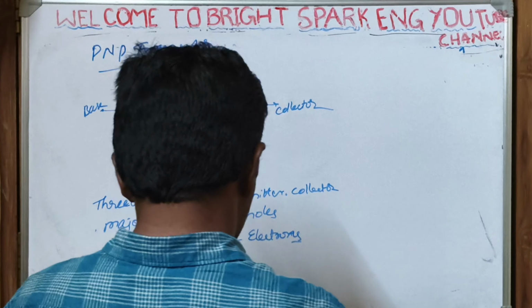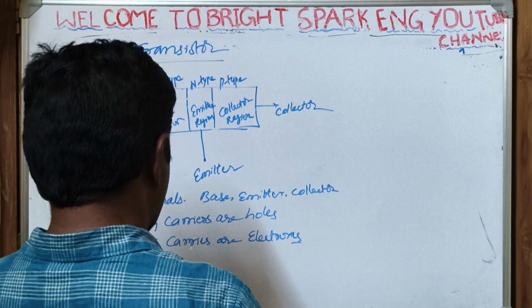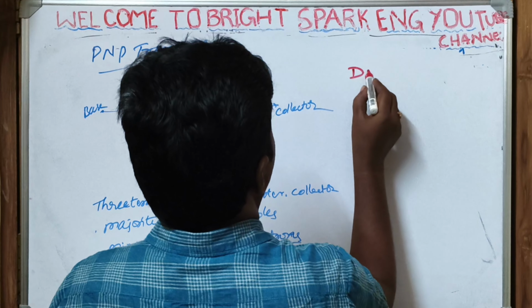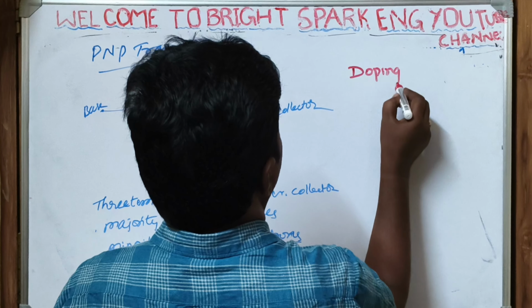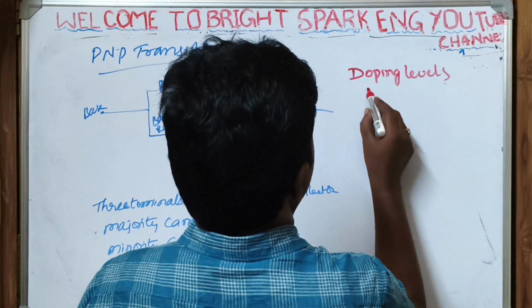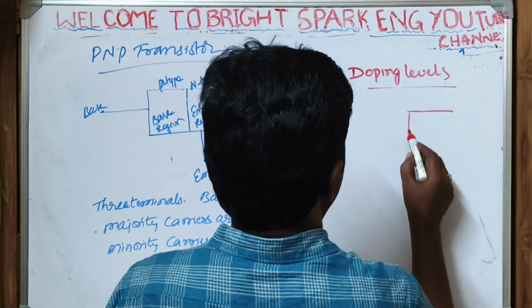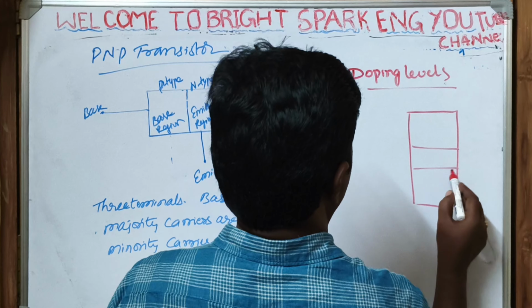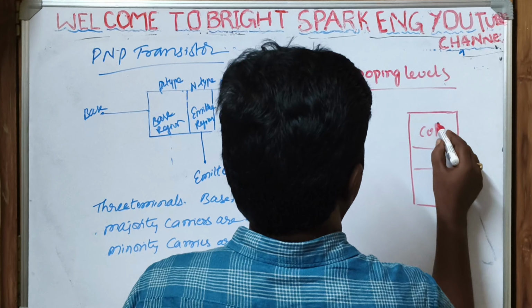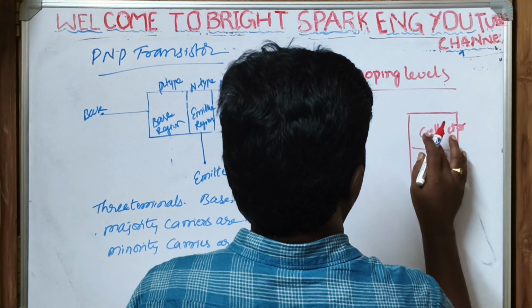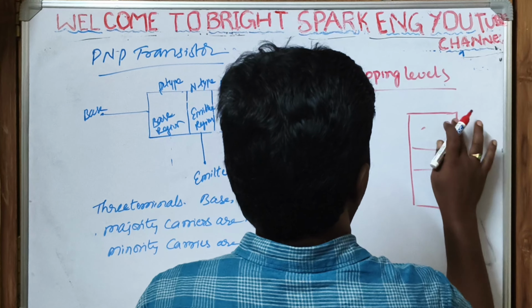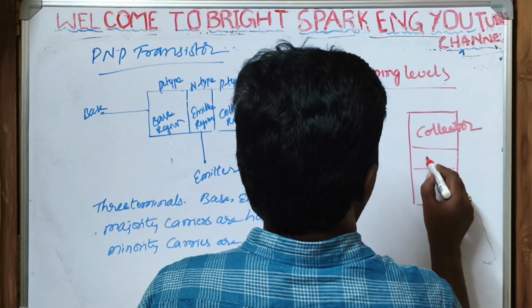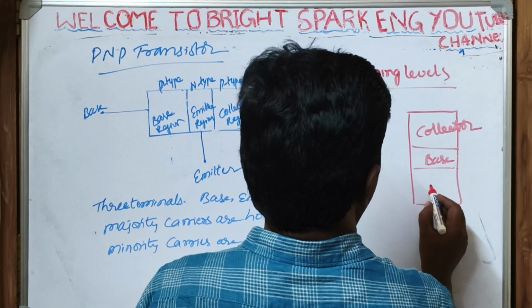Doping levels. Same like that. Collector, base, emitter.